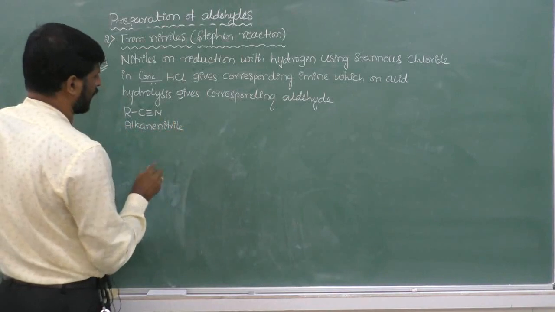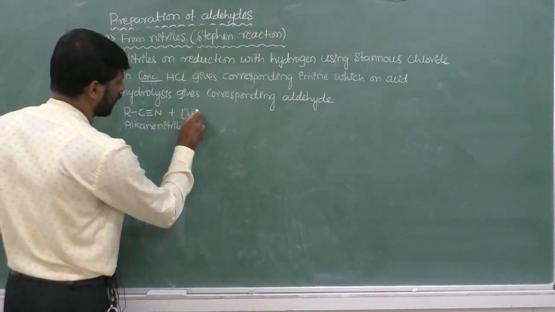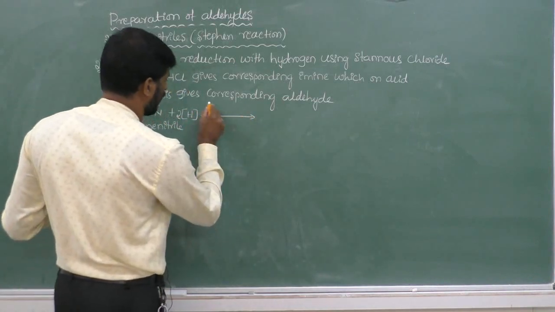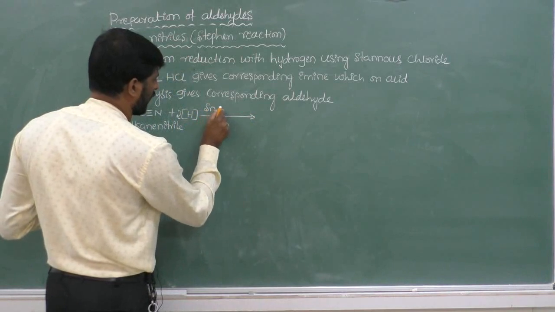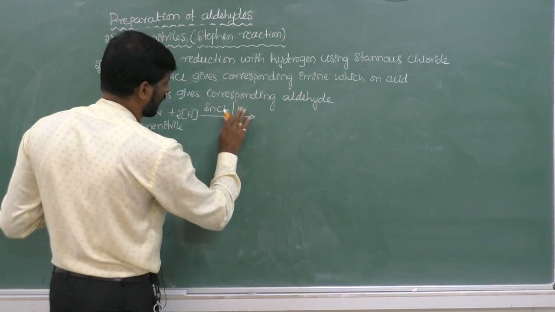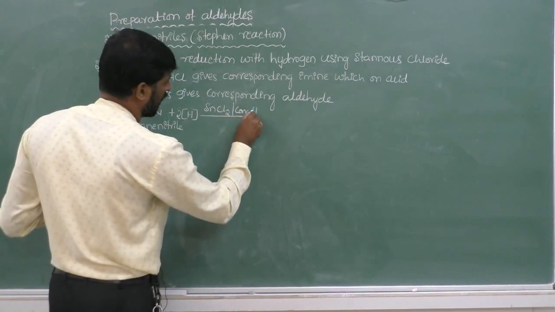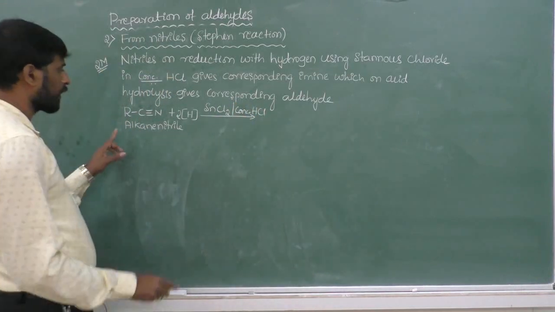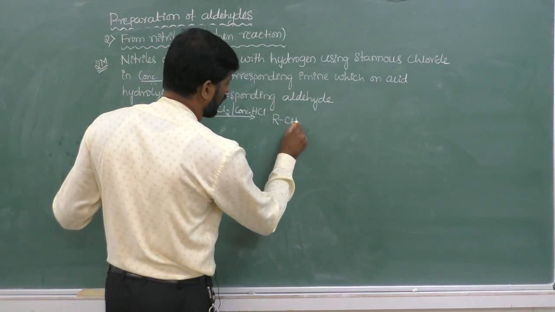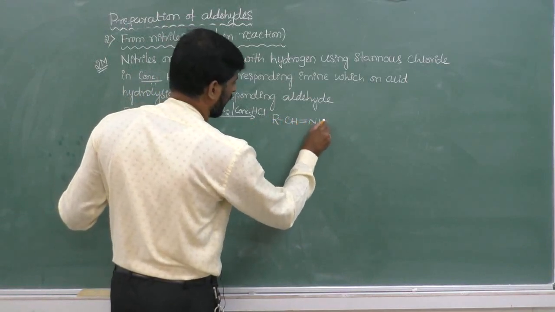Alkane nitrile on reduction with stannous chloride, SnCl2, in concentrated HCl gives RCH=NH.